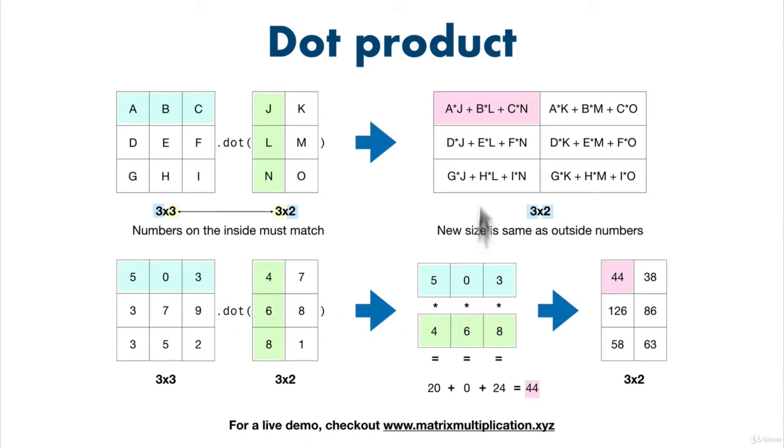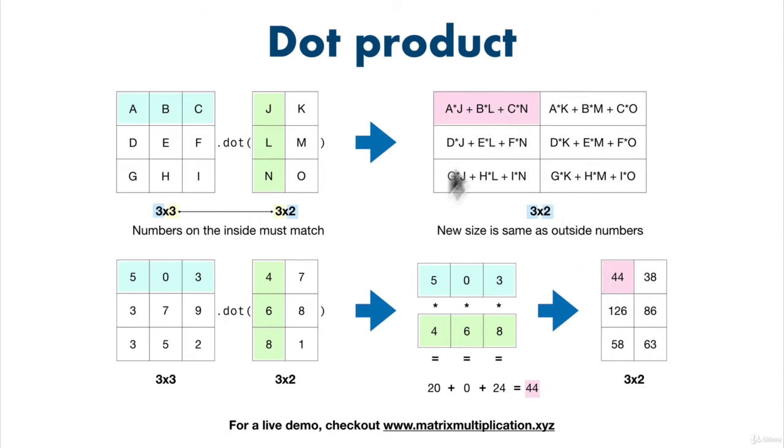This is B times L. We're adding that up. Then we've got 3 times 8. This is C times N. And that's 24. If we add these three numbers together, so A times J plus B times L plus C times N, beautiful, we get 44. And that's going to fill the top left square of our resulting array.